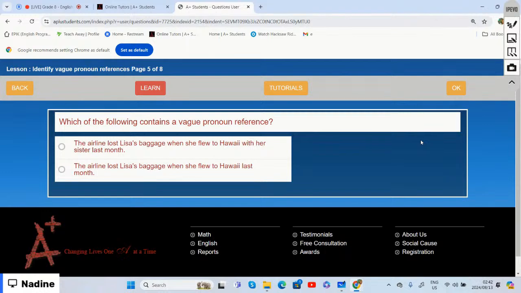Or do we say the airline lost Lisa's baggage when she flew to Hawaii last month? We need to choose the correct option to show the vague pronoun reference. Option one, the airline lost Lisa's baggage when she flew to Hawaii with her sister last month. Or option two, the airline lost Lisa's bag when she flew to Hawaii last month?